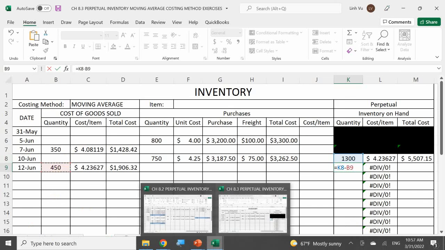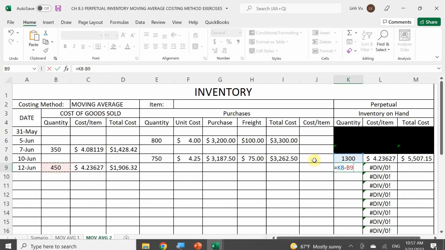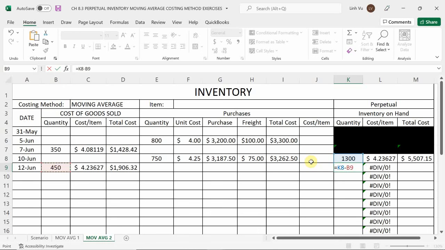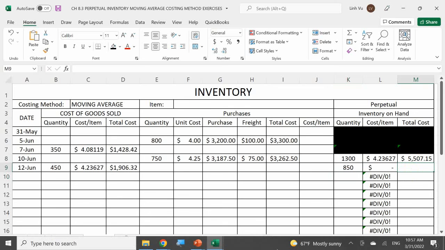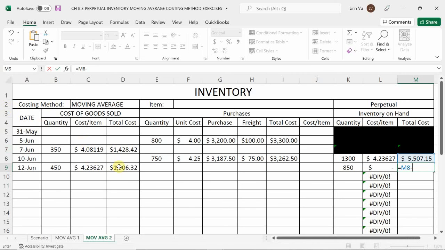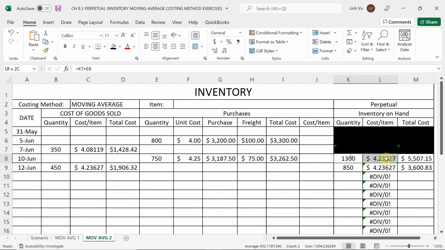So 1,300 minus 450 is 850. And $5,507.15 minus the 1906.32, what's your new total cost here? 3,600.83. Good. So my average cost has not changed. So that's good.